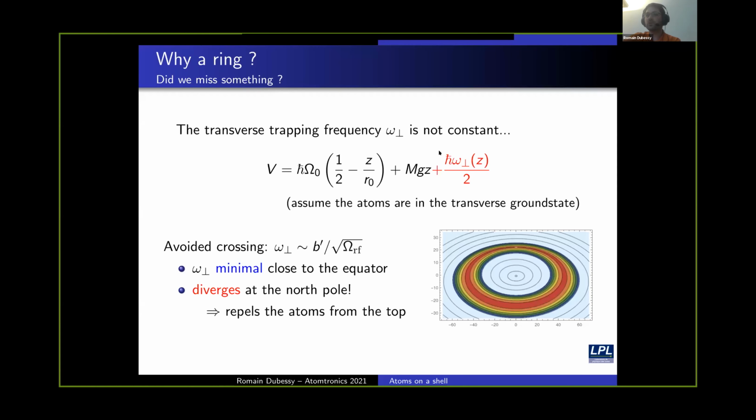So in fact, our total potential on the surface reads like this, corrected by this term. And it turns out that this term is minimal close to the equator, and it diverges at the North Pole. So it repels the atoms from the top of the bubble. The atoms could never go up to this point and will stop at some finite position.